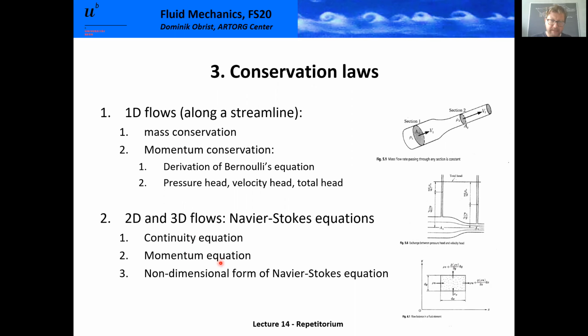Momentum equation, well, that ended up being the Navier-Stokes equation. We also looked at the non-dimensional form. And if we choose the proper reference length, reference velocity, reference timescales, we end up with a formulation which contains the Reynolds number in it. Or if we have an unsteady or a pulsatile flow, we have an equation which contains the Reynolds number and the Womersley number. So we had two non-dimensional numbers appearing automatically in the Navier-Stokes equation, again something we already derived in the first lecture in the context of Buckingham.